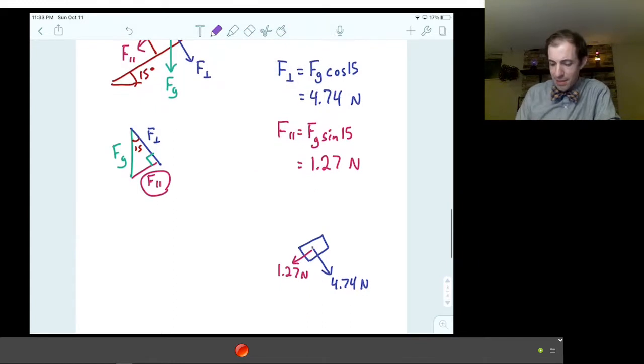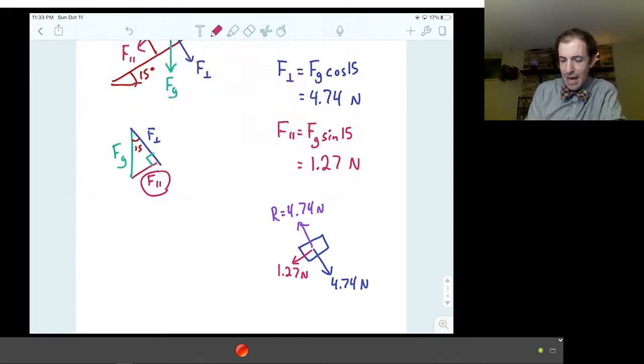It is experiencing a force that is the normal reaction force of the surface that is pointing perpendicular. So that's R. And R in this case has to be equal and opposite to our perpendicular force. So that is 4.74 newtons. I also have a force that is pointing up the ramp. That is my force of friction.